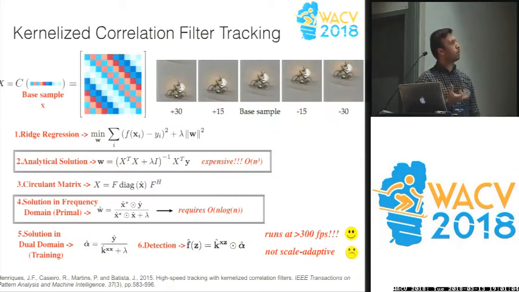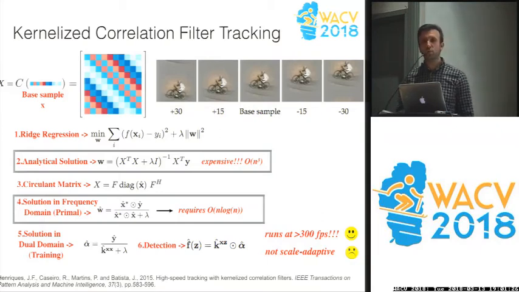What does kernelized correlation filter tracking actually do? It poses the tracking problem as a ridge regression cost function and tries to minimize it in the frequency domain. In the frequency domain, we can just do element-wise operations rather than convolutions. We can also make use of a circulant matrix because it can be diagonalized by the discrete Fourier transform.